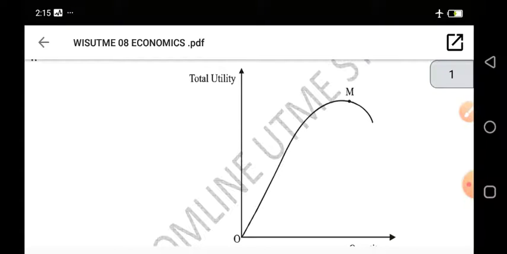So diagram 4, as you can see there, we are talking about consumer behavior. We'll talk about total utility there. Seeing total utility there, you agree with me that point M is a point of saturation where total utility is at the maximum.